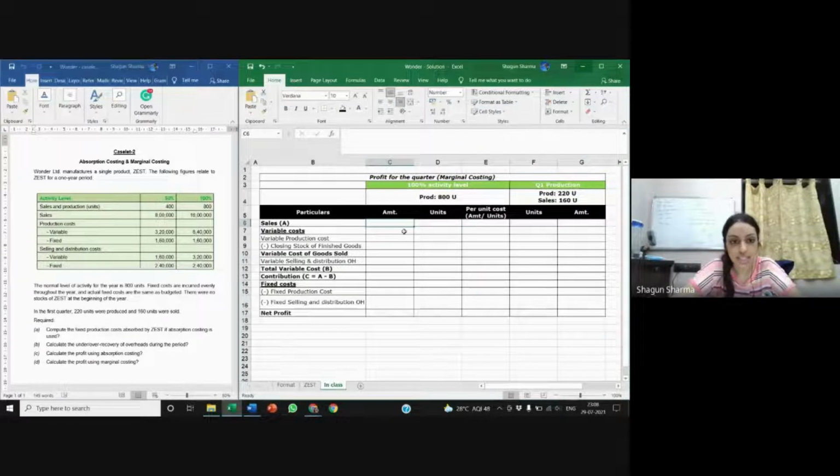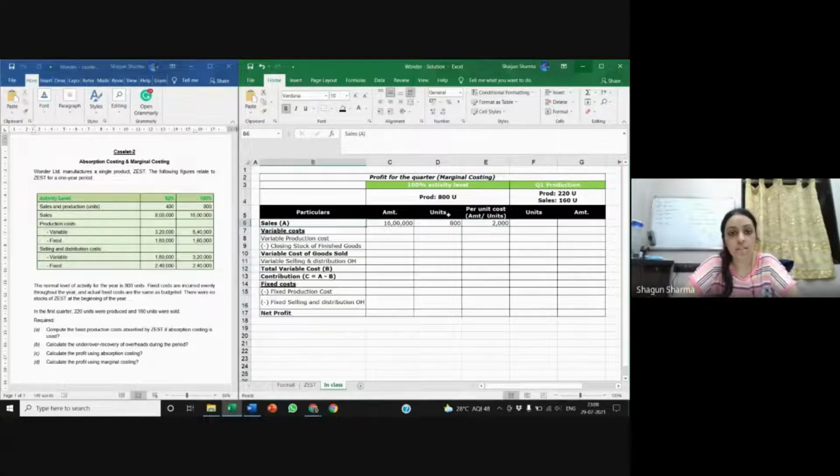Let's start by recording the sales figure. As you can see here, at 100% activity level, the sales amount is 16 lakhs. My number of units is 800. So this is my sales price, which is the amount of sales divided by number of units, which comes to 2000.